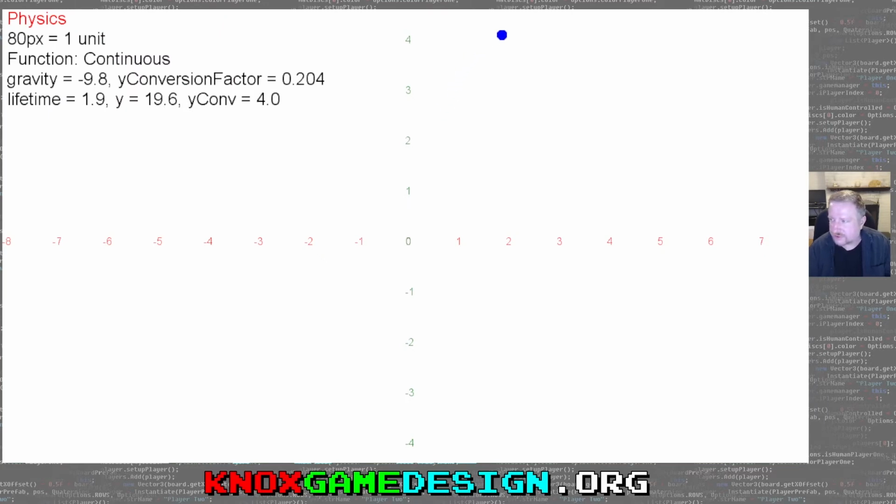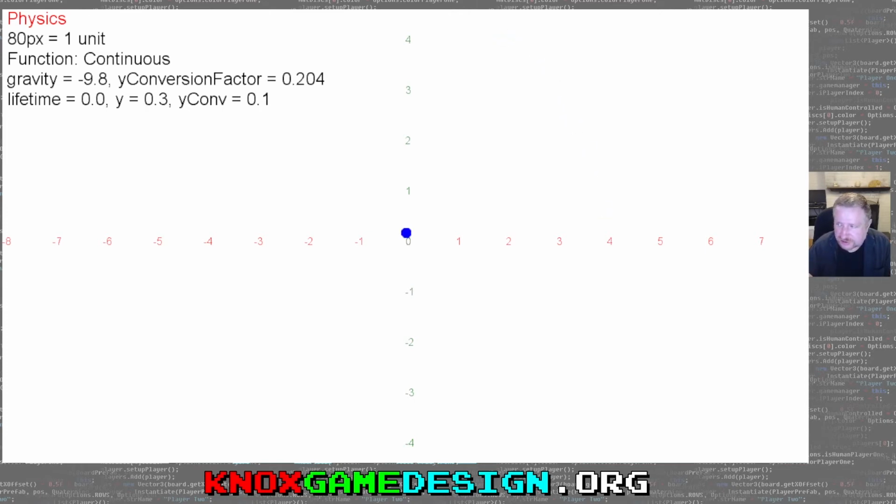Okay, so here's our physics. You can actually kind of feel it go up and slow down. Then when it reaches the maximum height of 4 at x position 2, it's going to slow down and start falling. And as it falls, it's going to start accelerating again.